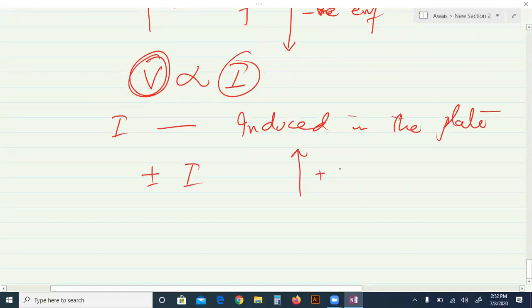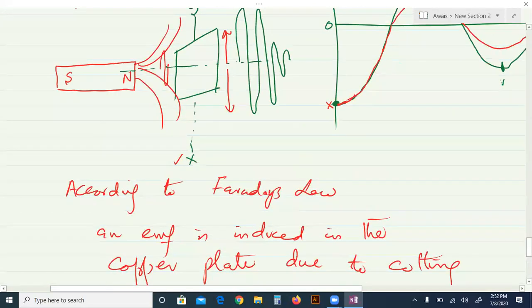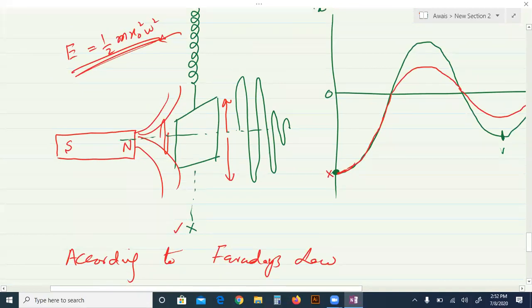One side it's a positive current and the other side a negative current. For one oscillation it is moving in this direction, for the other it's moving in this direction. Look, positive and negative currents are induced in the same plate.